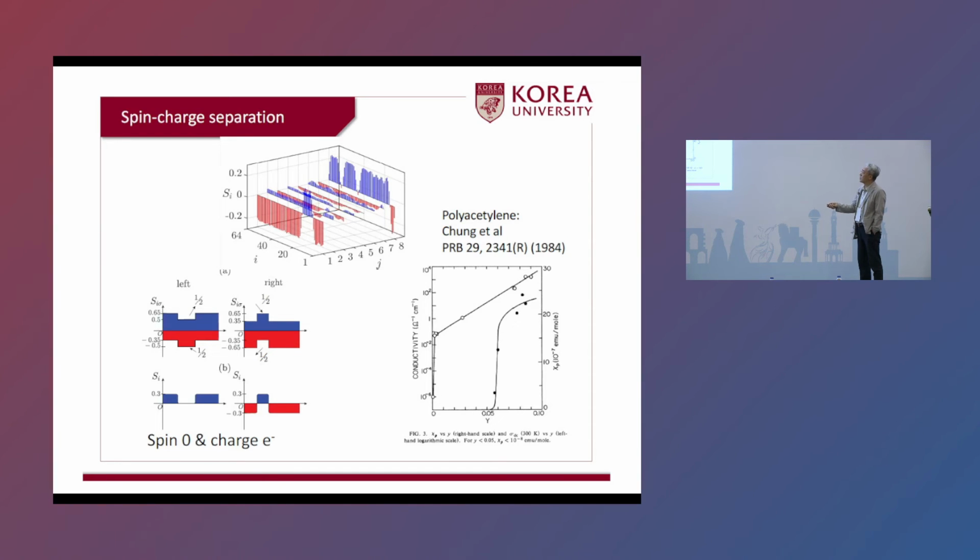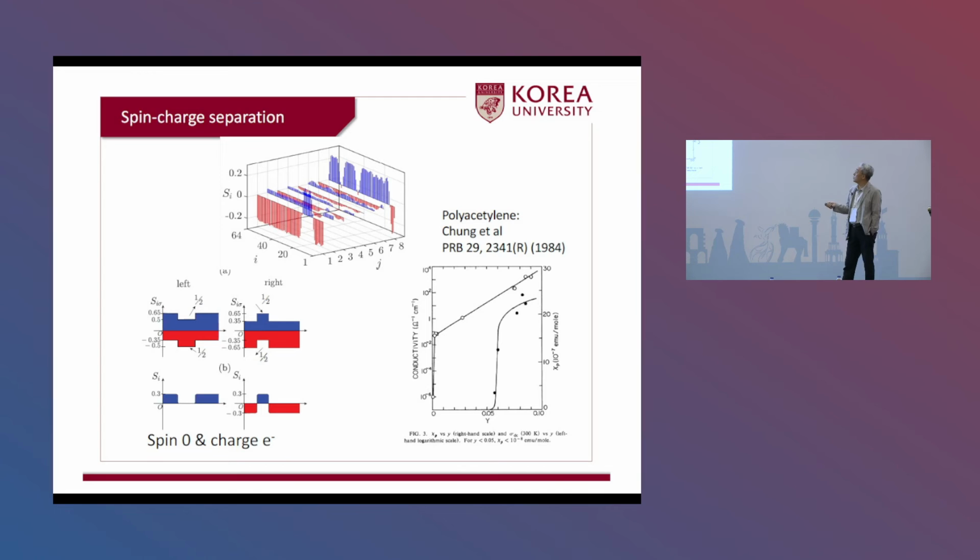Then the resulting spin density looks like this. It's 0 in this spot. So spin is 0, but charge is not 0. And that's what you see here and here. So you have an object that has spin 0 with charge e. This is spin-charge separation.